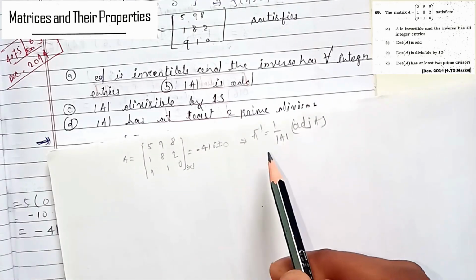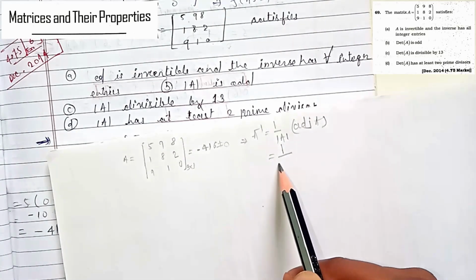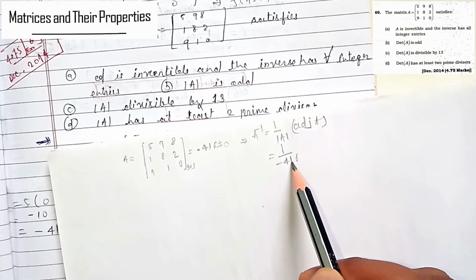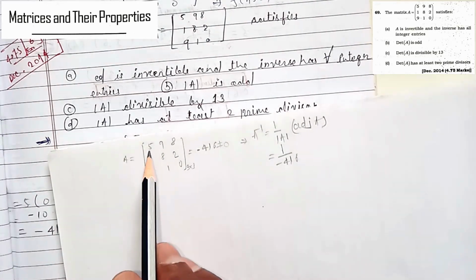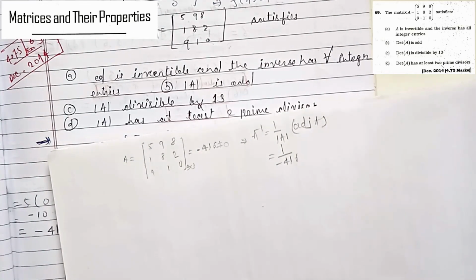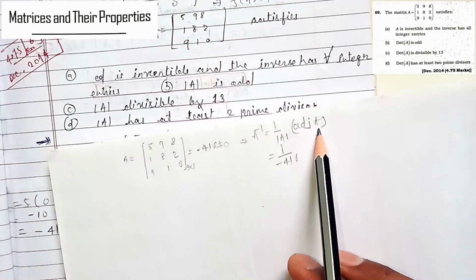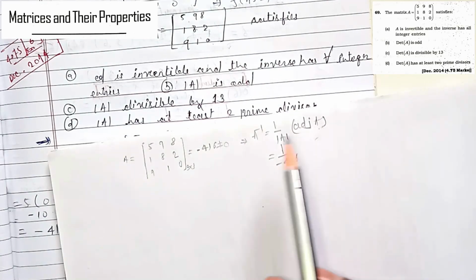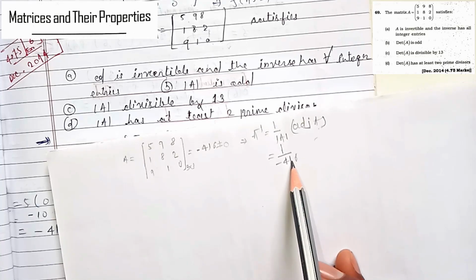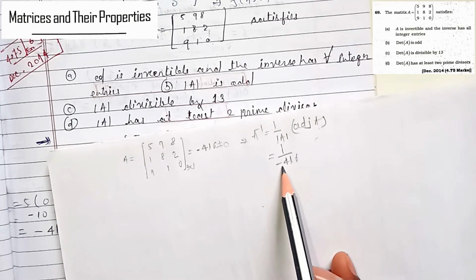As we can see, we have the denominator 1 upon minus 416. That means the denominator is much bigger compared to the entries of our matrix. Whenever we get the minors, cofactors and thereafter the adjoint, the entries will be smaller than 416 and bigger than minus 416.